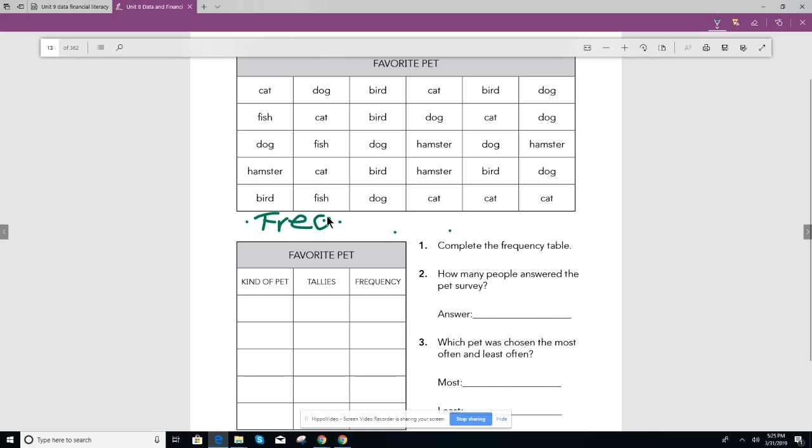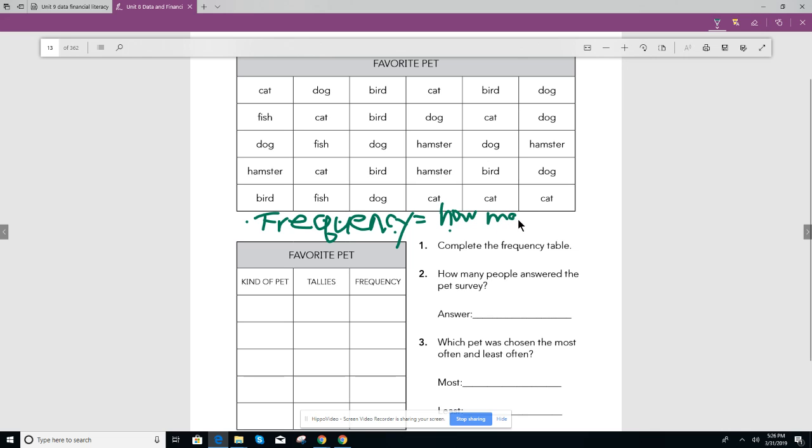Okay, so I brush my teeth 3 times a day. So the frequency would be 3. I eat lunch 6 or 7 times a week. So the frequency is how many times I ate lunch for the week. So frequency is how many times you do something.